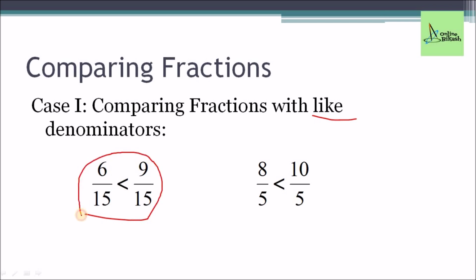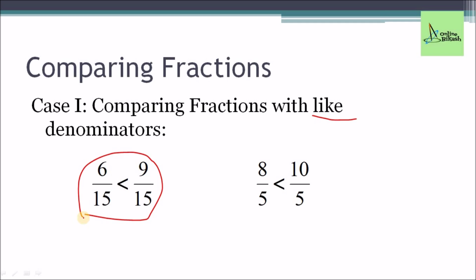Both have the same denominator, so we call them like fractions. Since they have the same denominator, you need to find which numerator is bigger. You will say 9 is bigger, so 9 by 15 is greater than 6 by 15.